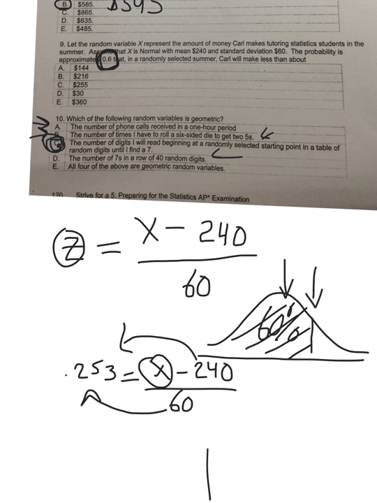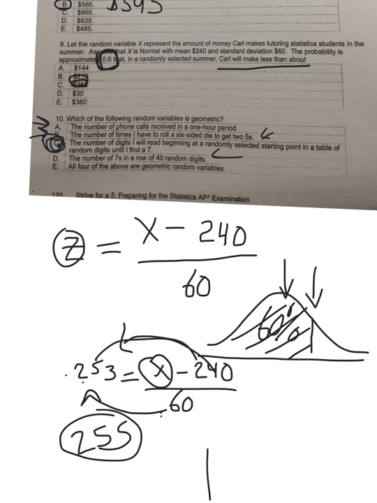Get x by itself, multiply by 60 on both sides, then add 240, you should get 255, which is the answer to the question. Carl will make less than about that, $255. Letter C. Okay, done for tonight.